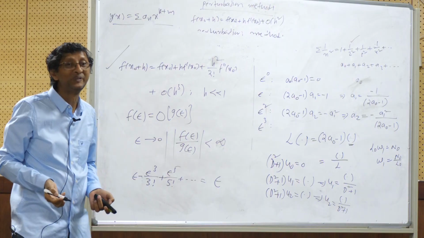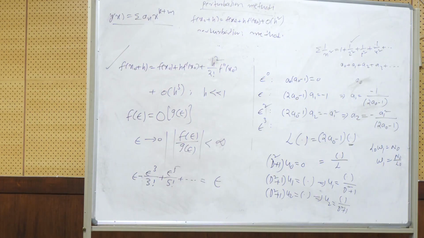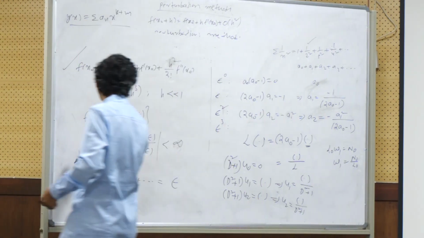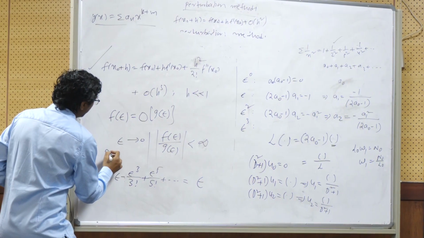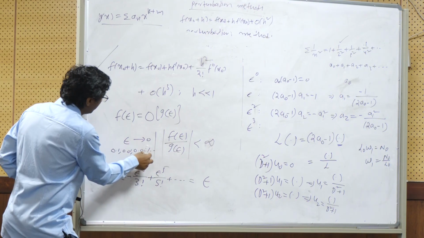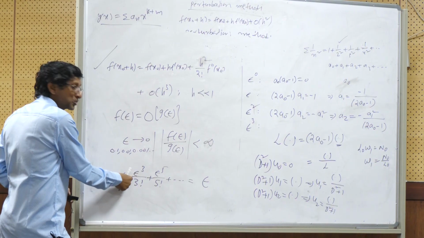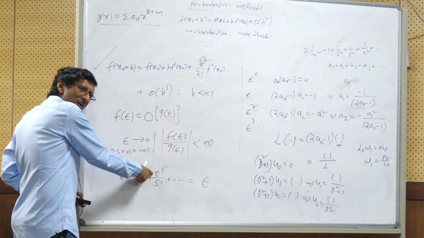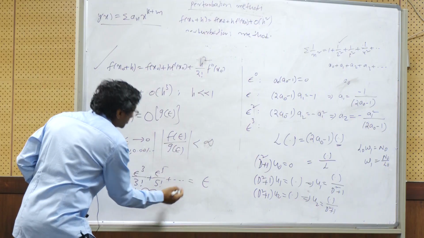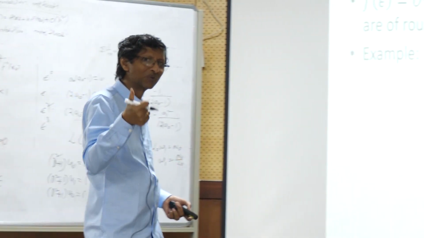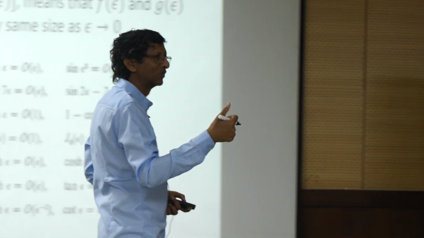If epsilon is small, say 0.01 or 0.02, the sum of the higher terms becomes too small. Their impact is very small, so essentially this is good when epsilon approaches 0.